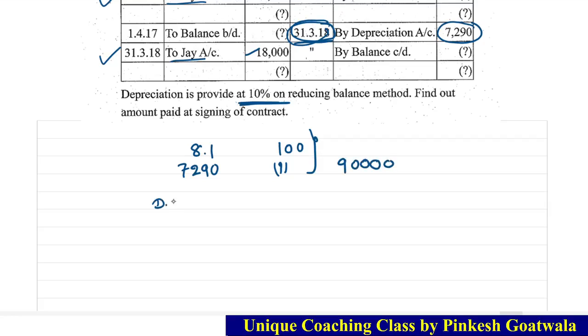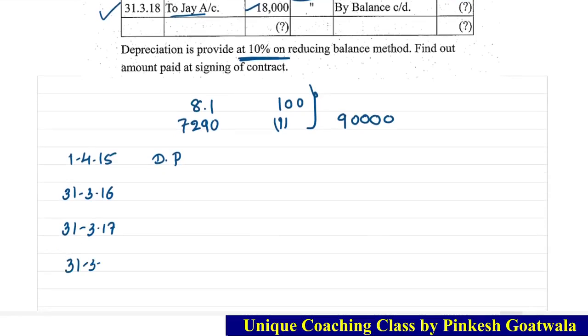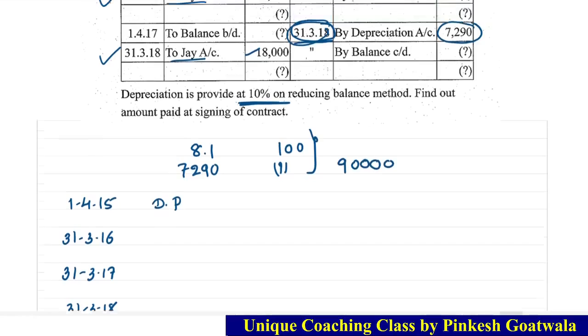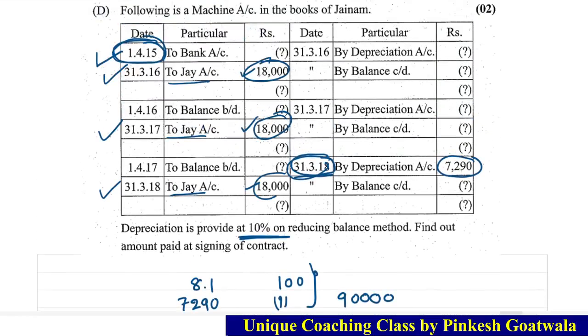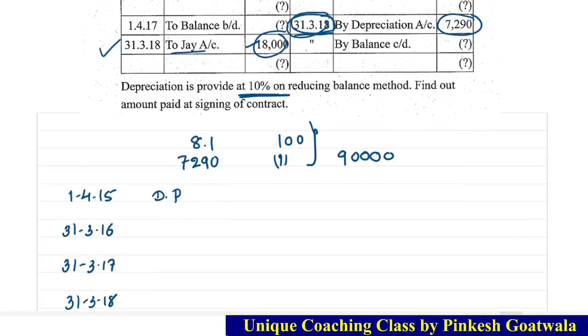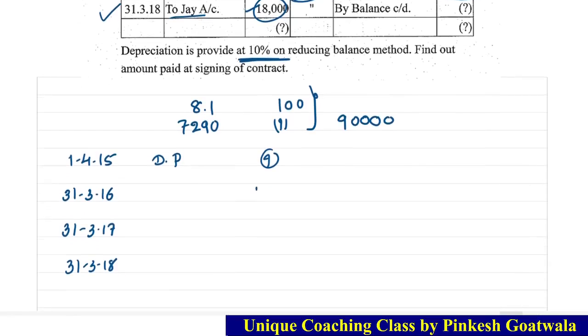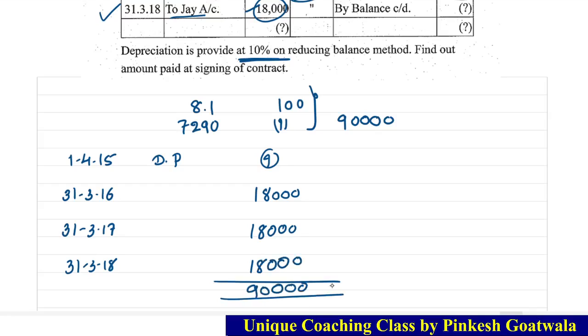Now the same point, down payment on 1st April 15, then 31st March 16, 17 and 18. Okay, so down payment here we have to find out, and every જે payment છે 18, 18, 18 is given. Here question mark, here 18, 18, 18 and 18, and the total of them will be 90,000, that is cash price.